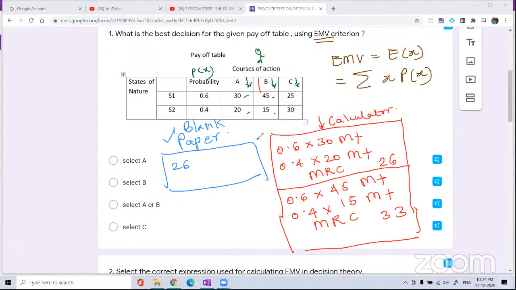Okay. Now you will note down that answer here. इसके बाजू में लिखोगे आप 33 on your paper.